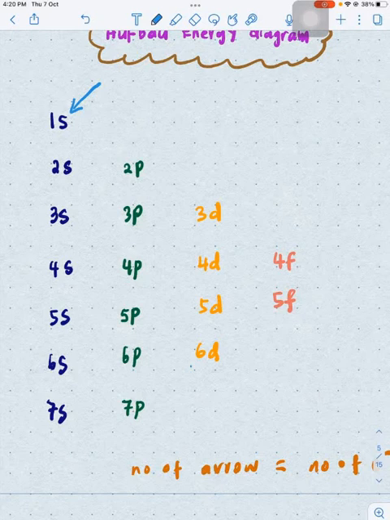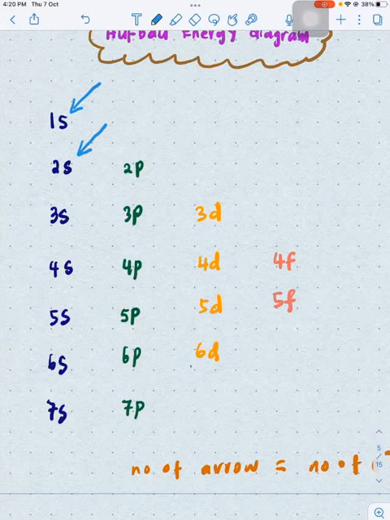Okay. So when 1s is fully occupied by 2 electrons, we have to move to the next orbital. Higher than 1s will be followed by 2s. So once you have arranged the order, next you draw the arrows, and after you have drawn all the arrows, we just follow them. You just go with the flow.